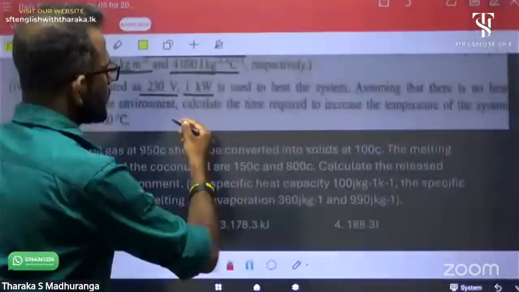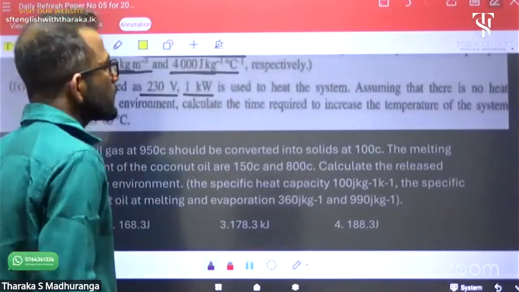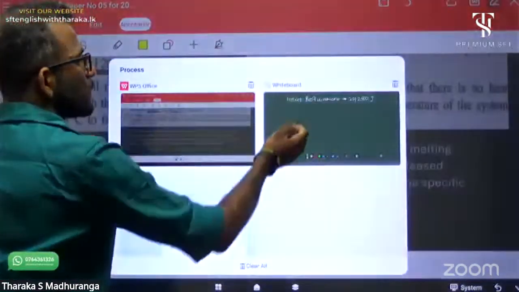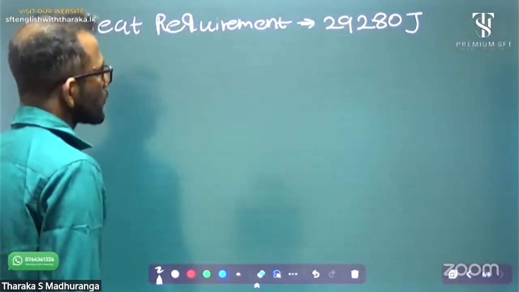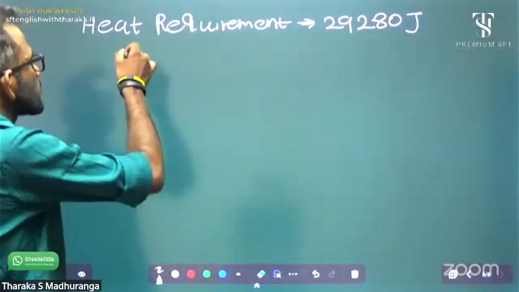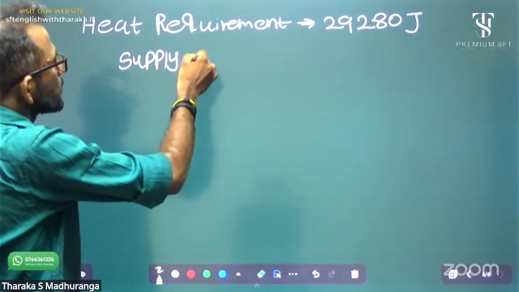According to the question, the heating coil is rated 230 volts and 1 kilowatt is supplied. What is the meaning of 1 kilowatt? 1000 watts.